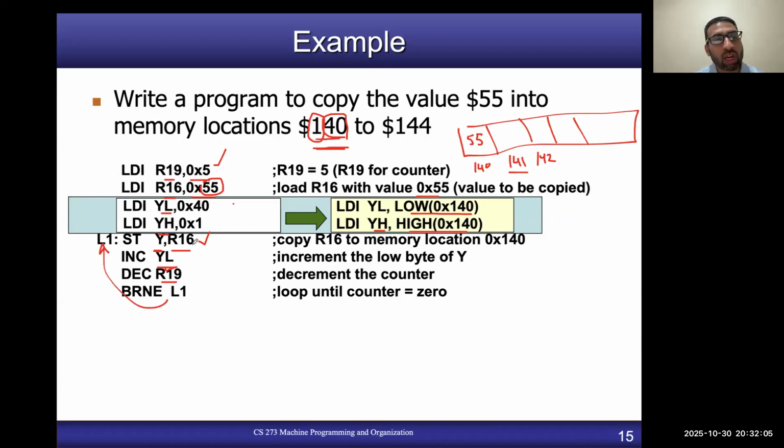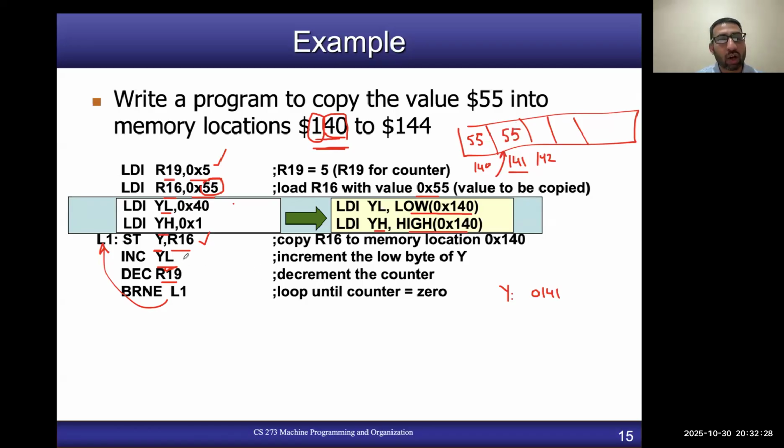And on the label, now you are saying, okay, put R16 in Y. Remember, Y is a combination of Y low and high. So Y high was 1, and Y low was incremented. So Y is pointing to this location here. So you are saying now put the value 55 into this next location, right?